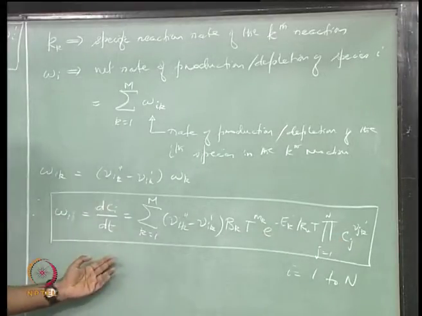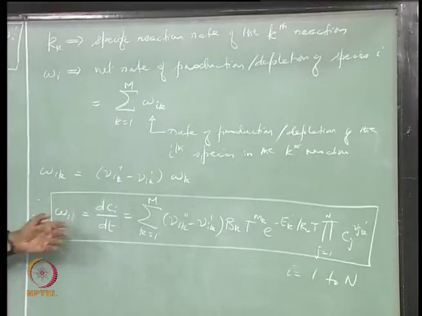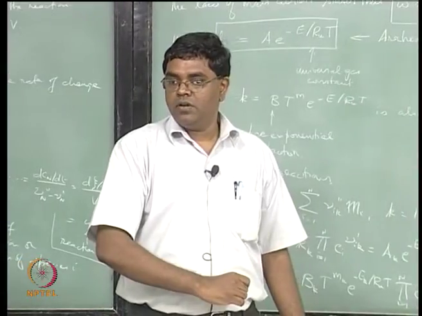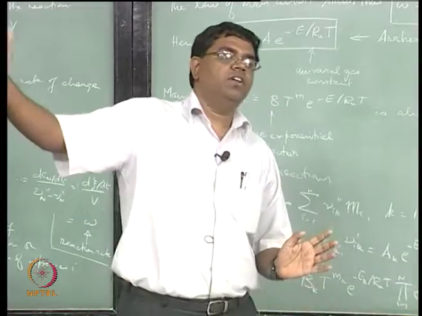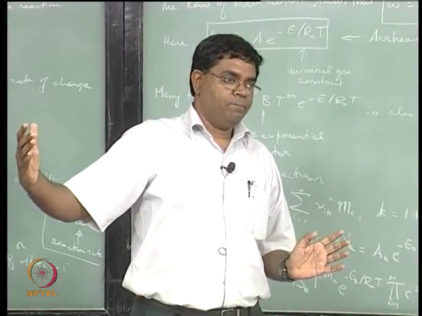That means I have to solve the next dC by dt for the next species and so on. So all of them should be solved simultaneously. So it is a simultaneous set of first order ordinary differential equations which we have to integrate in time simultaneously for all of them, right.